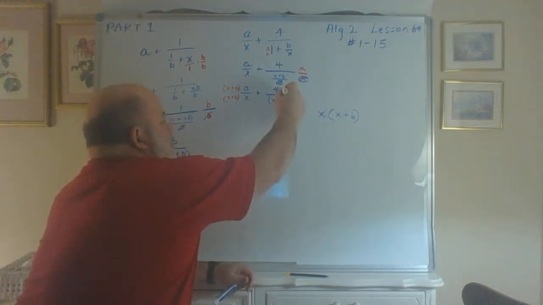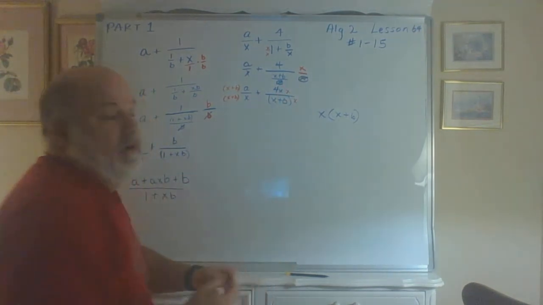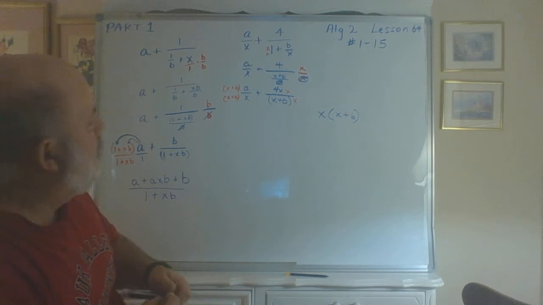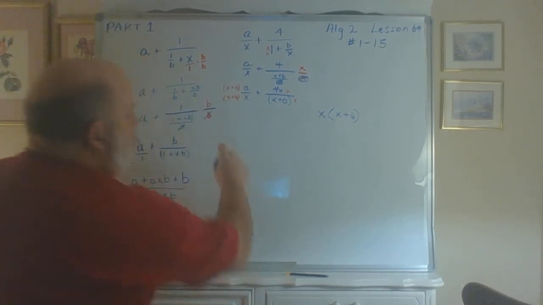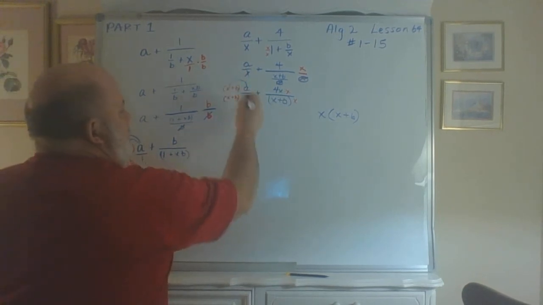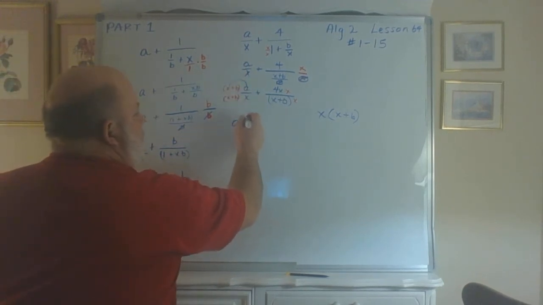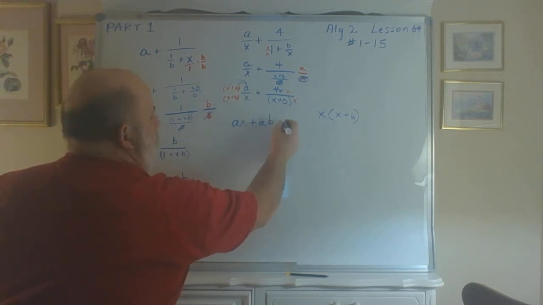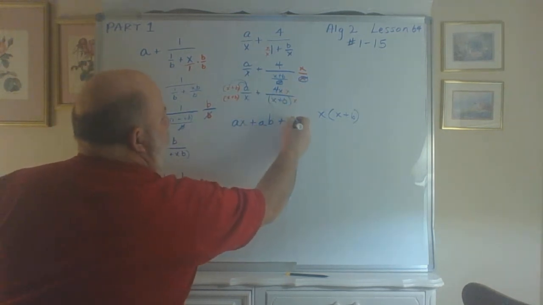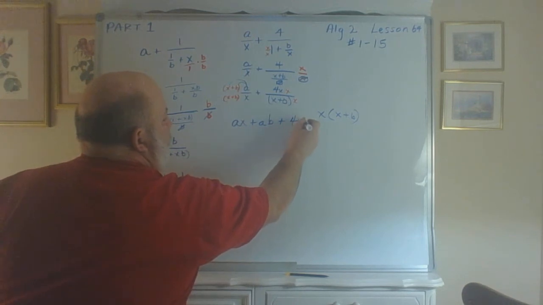It needs times x, and you do it on top and bottom. We'll go ahead and do all this together. Distributive property on top. What is a times x? That is ax. What is a times b? ab. Plus 4x times x, 4x squared.